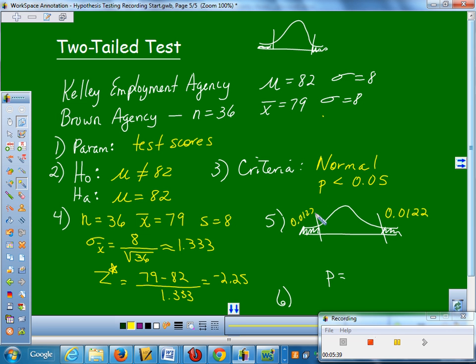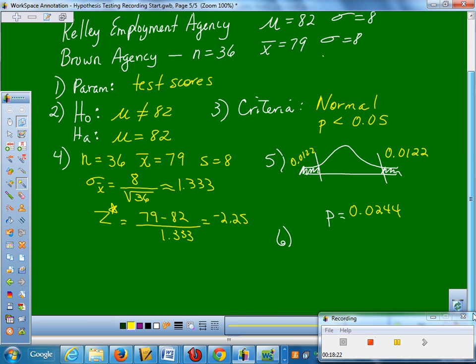The mean on the Brown test could be too high or too low. And yes, this makes it harder to prove because you're going to double that p-value that you get. And so if I actually add those two together, I'm going to get 0.0244 as my actual probability. Okay, did this meet our criteria of less than 0.05? It did.